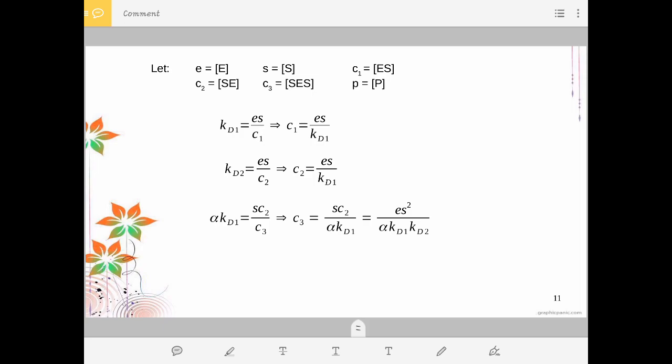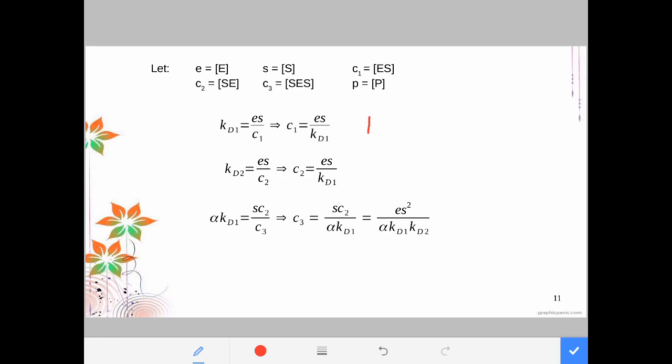Let's just create a simple kinetic rate equation, using the kinetic constant equation. Remember, K is equal to products over reactants. So that's simple. We can say KD1.